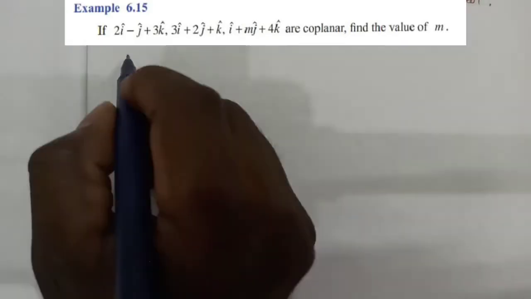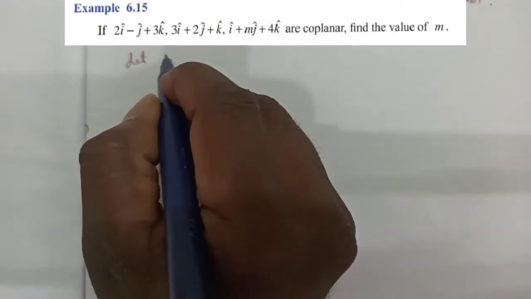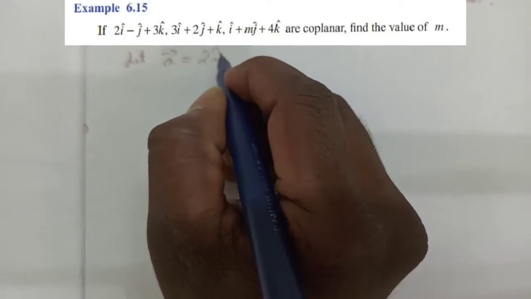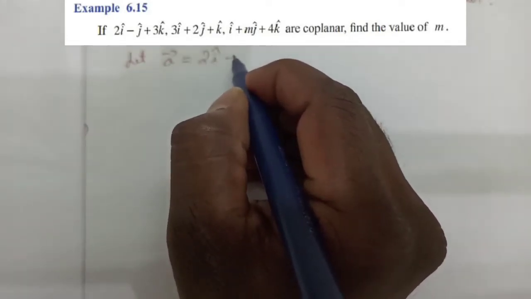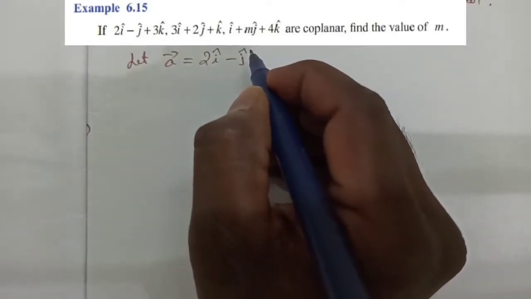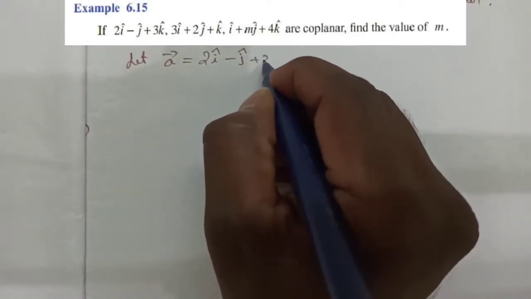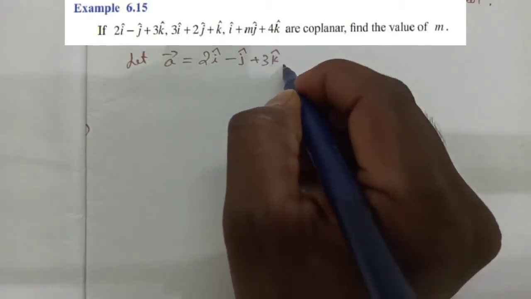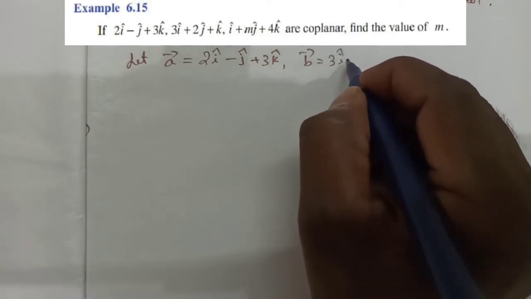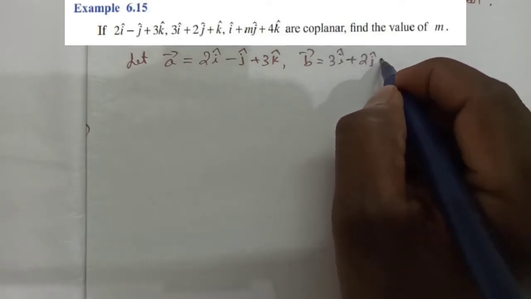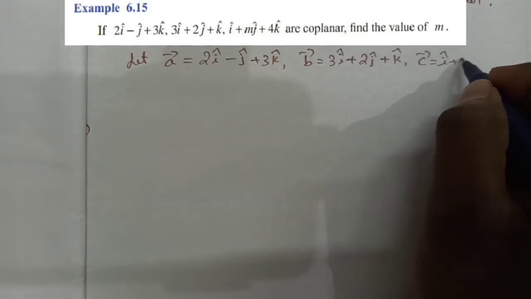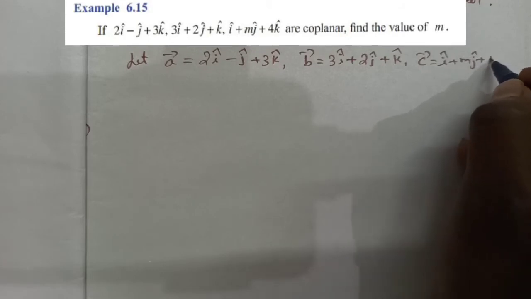So first, let me take the first vector a vector equal to 2 i cap minus j cap plus 3 k cap, b vector equal to 3 i cap plus 2 j cap plus k cap, next c vector equal to i cap plus m j cap plus 4 k cap.